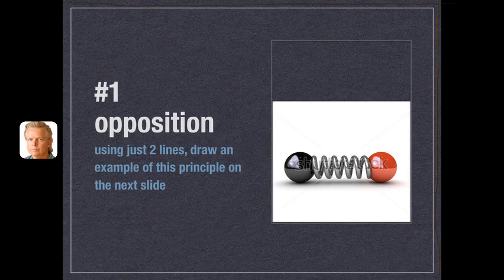There's no exact right or wrong answer. And as I said, opposition, I think, is very powerful. Also, maybe you can think of an example in a building that shows opposition.